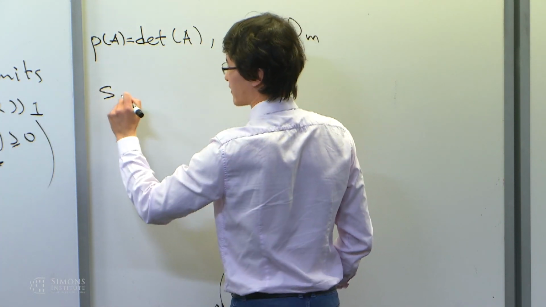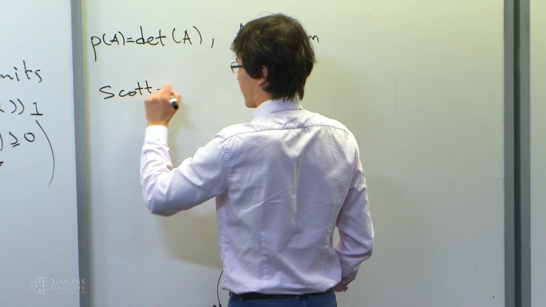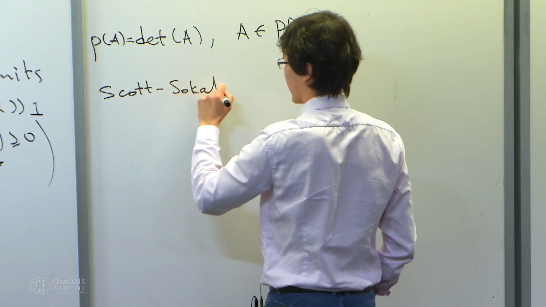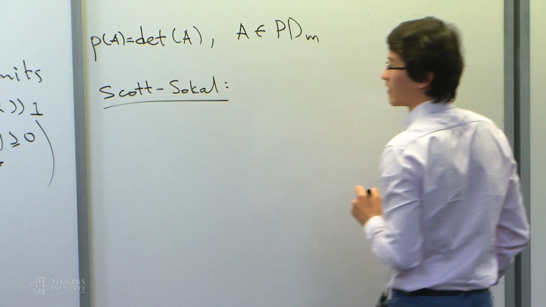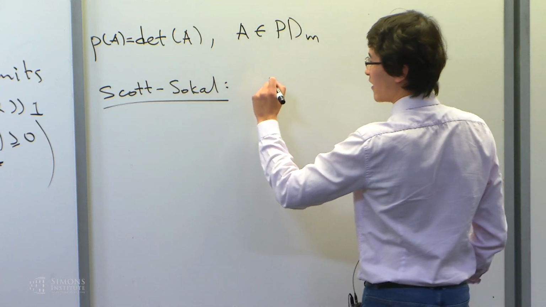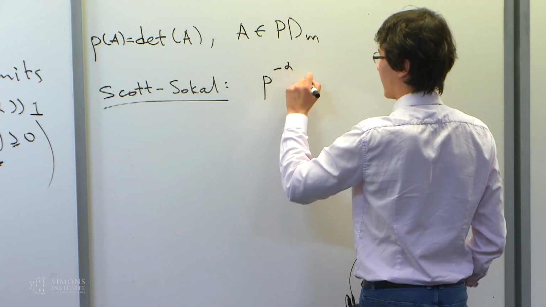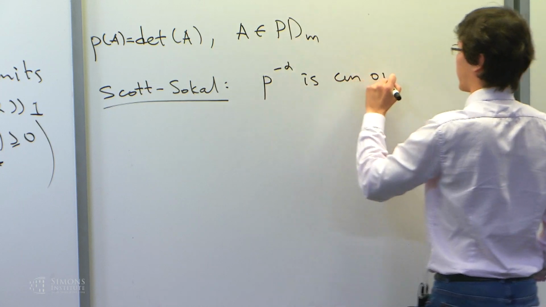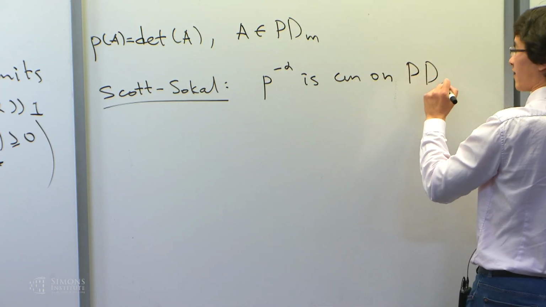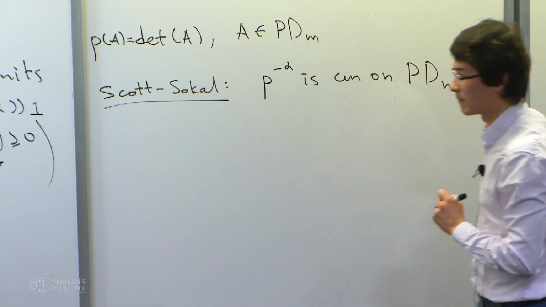Then there was a result of Scott and Sokal, which is very beautiful, and it's a complete characterization of exponents for which this function is completely monotone.